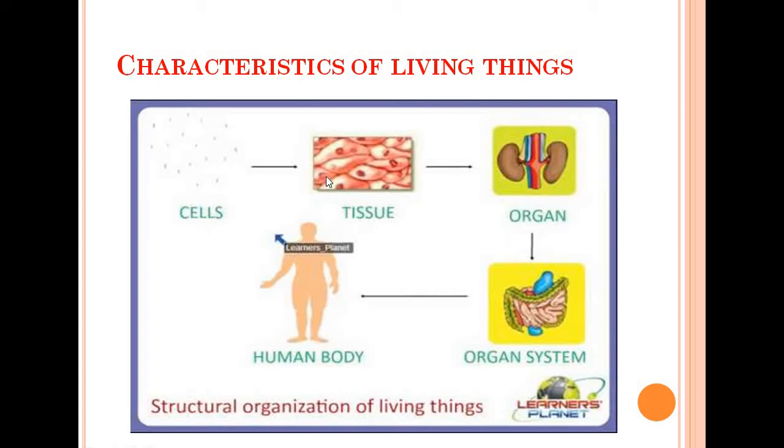Cells when combined together form tissues. Tissues when combined together form an organ. The combination of organs forms the organ system, and then the whole human body is constituted. Clear? So in structural organization we will study cells, tissues, organ system, and then the human body.